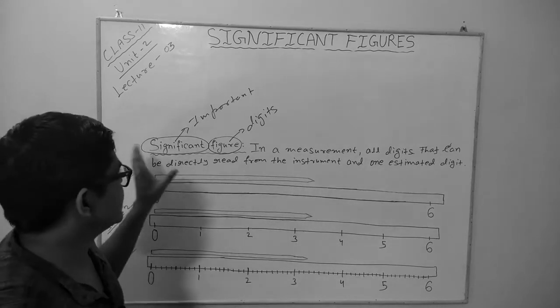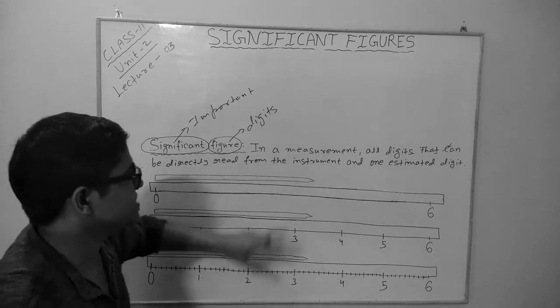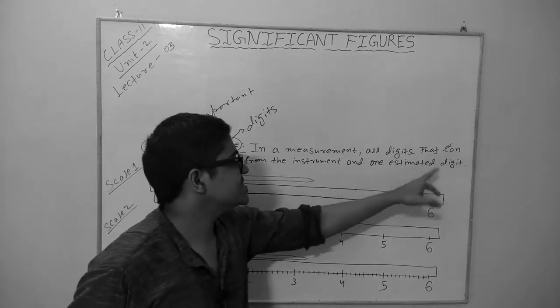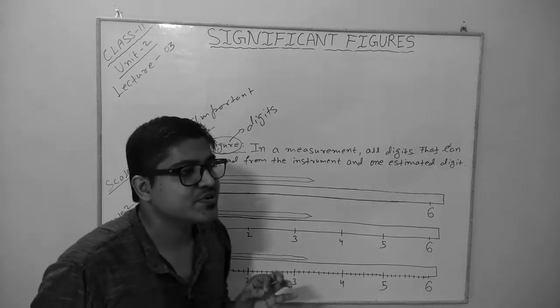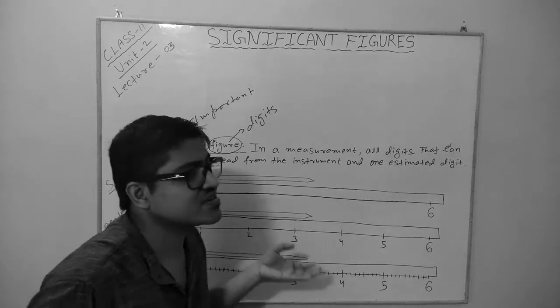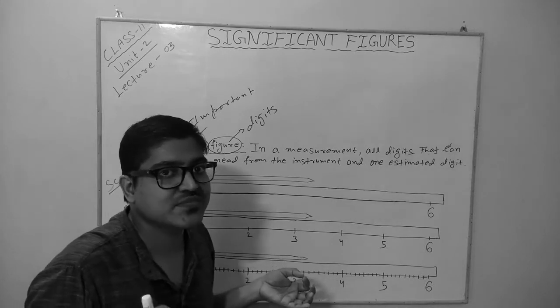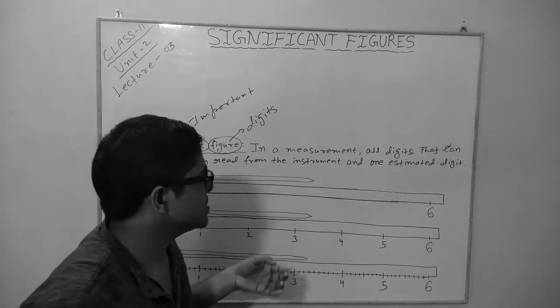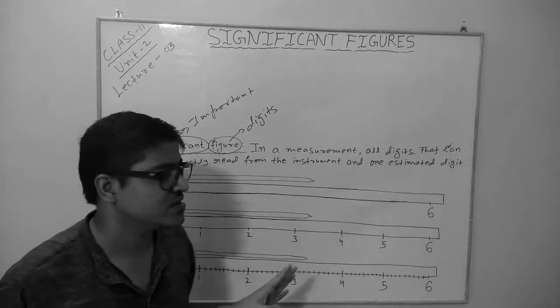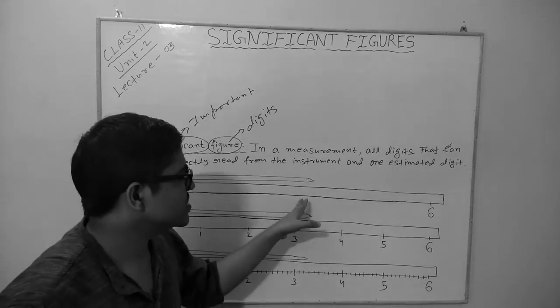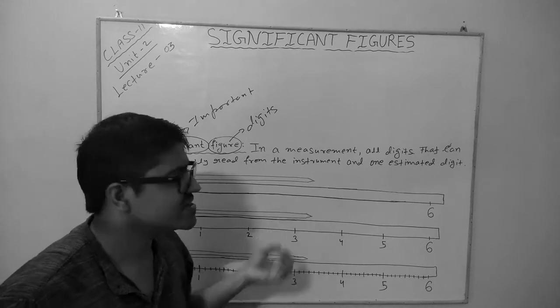Now, see this statement: in a measurement, all digits that can be directly read from the instrument. There is a simple rule to write any measured value. First, write all digits that can be directly read from the instrument. Is there any digit that you can directly read from this instrument?